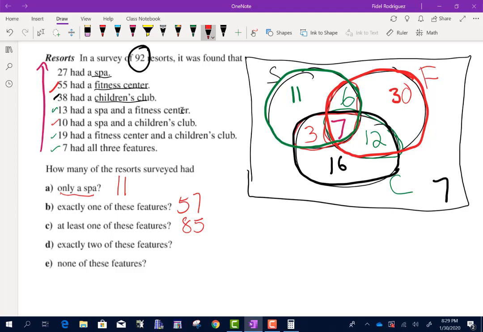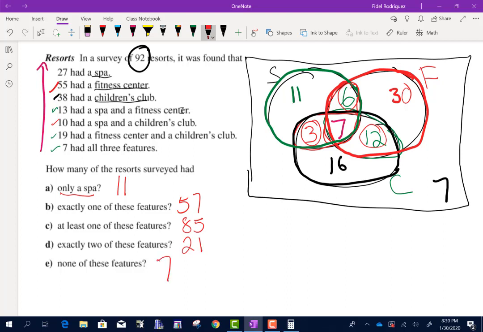Now, exactly two of the features, exactly two would be 6, 3, and 12. So 12 plus 3 is 15, plus another 6 would be 21. And then part E, none of these features, that's the 7 over there, right?